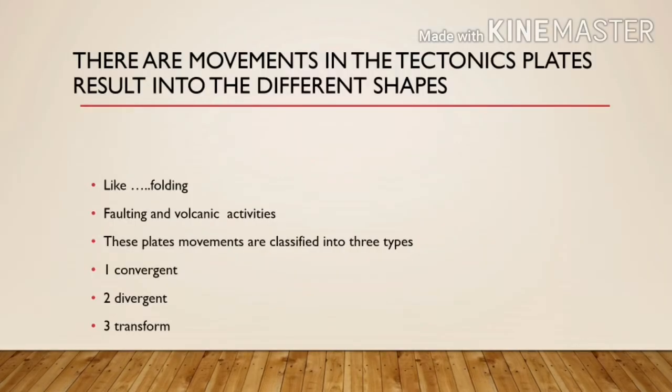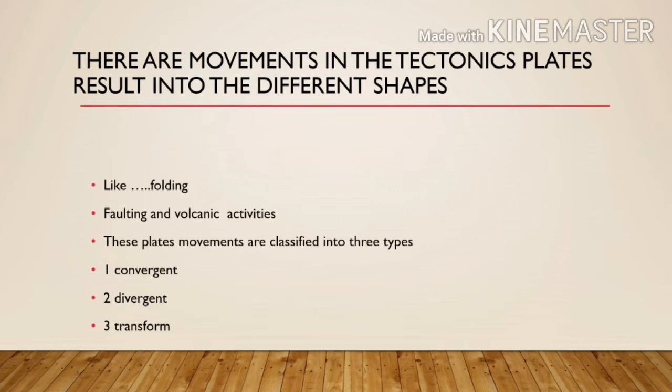These are happening because the movement in the tectonic plates results in different shapes like folding, faulting, and volcanic activities. These plate movements are classified into three types. The first is convergent, the second type of plate movement is called divergent, and the third one is transform.